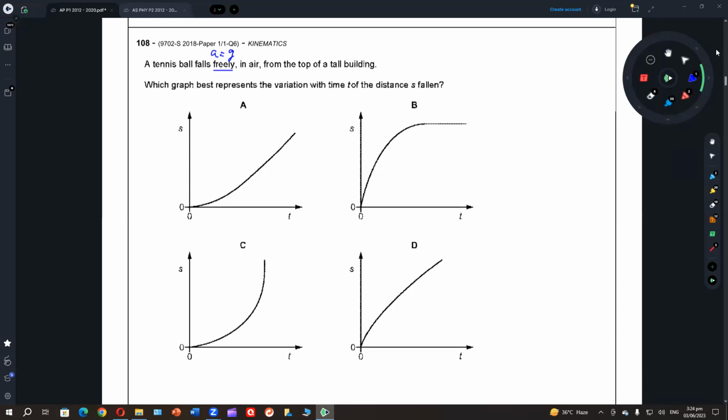So eventually it will reach a terminal velocity, no, but there is no air resistance.